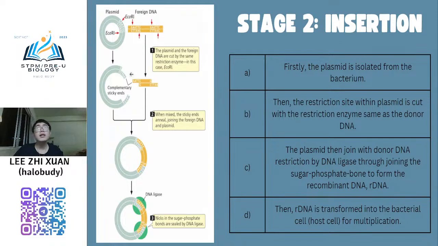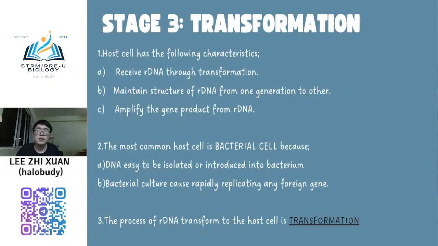All the metabolism processes can still be maintained. We only modify the gene of the plasmid. But the plasmid actually does not play a role in the metabolism process. So the bacterial cell will survive just like normal. Just that it will produce the desired product that we want.